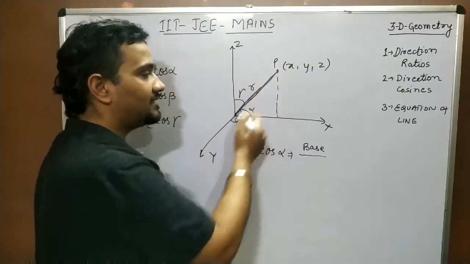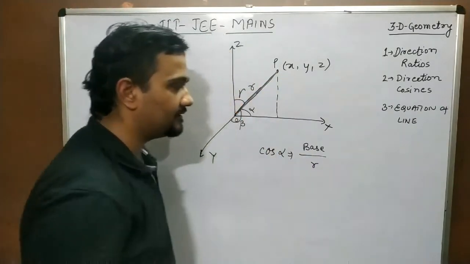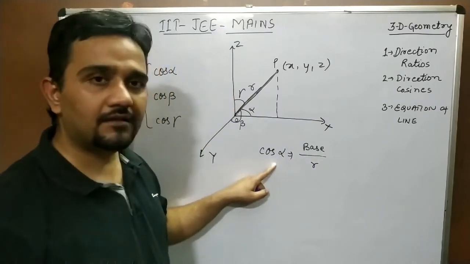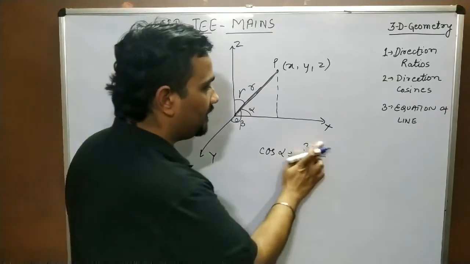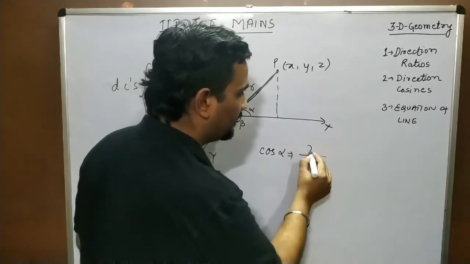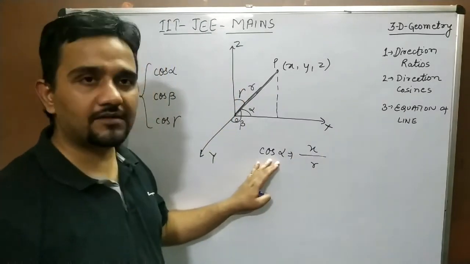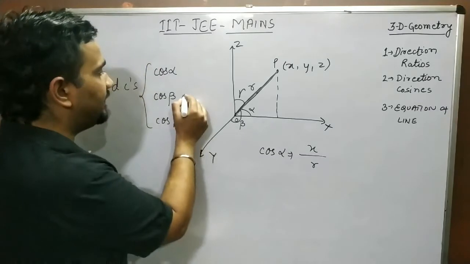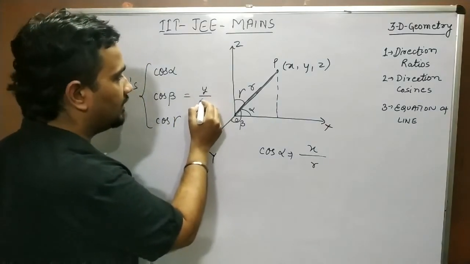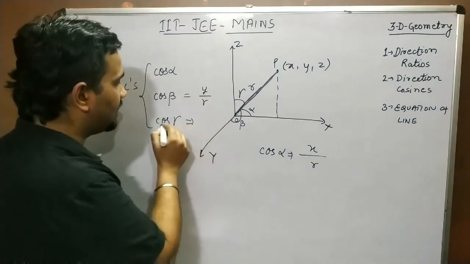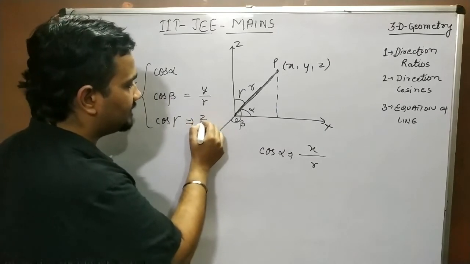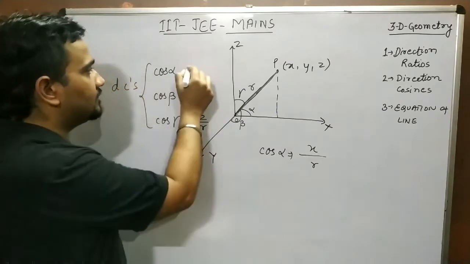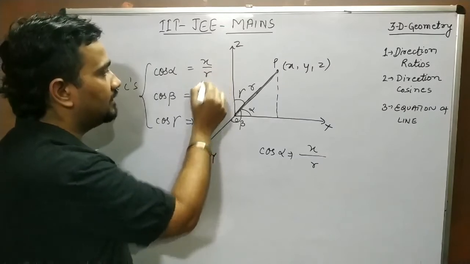Suppose this is r distance. This will give us the x coordinate, so we take x over here. So x upon r is cos alpha. Same, cos beta will be y upon r, and cos gamma will be z upon r.